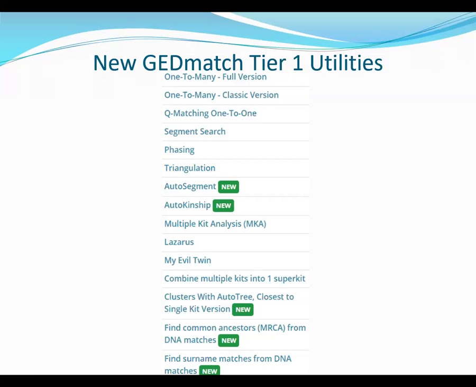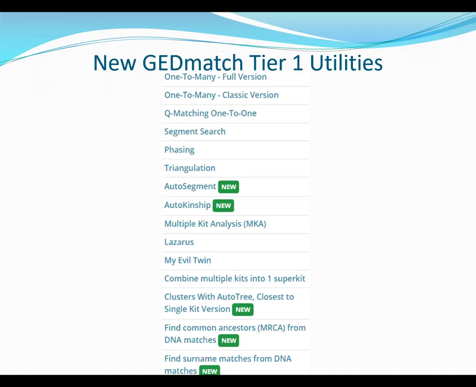So if you take a parent-child pair, for instance, and you phase the data, you can figure out which DNA segment came from that particular parent. If you have two parents available, then you can figure out the DNA segments that came from both parents a little bit more readily. And you can create phase kits at GEDmatch, and these allow for more accurate matching. So you're going to get fewer false matches, particularly for shorter segments, if you use the phased kits.